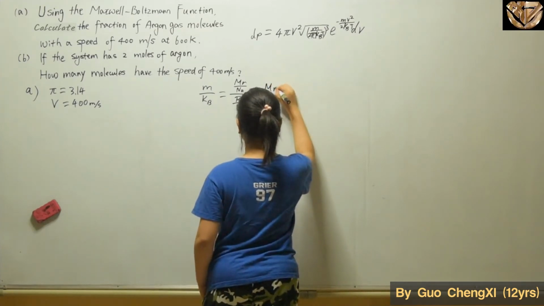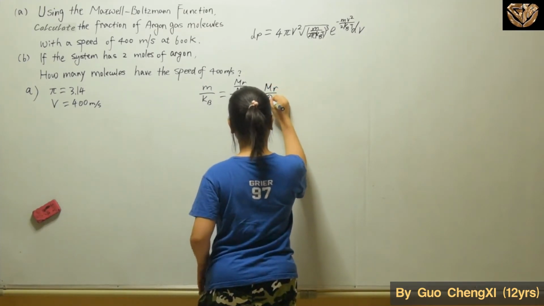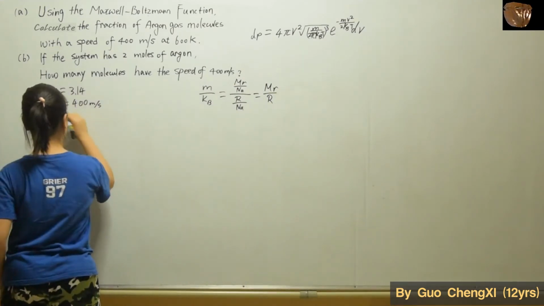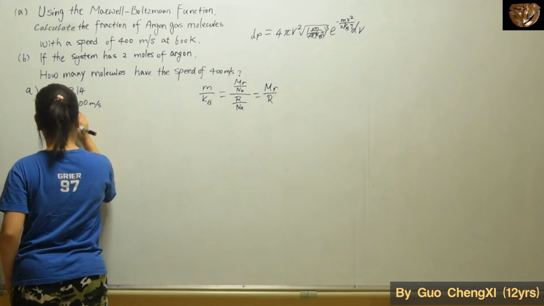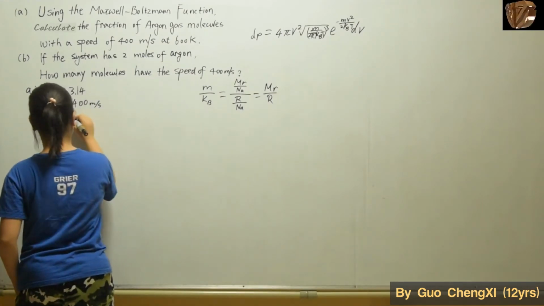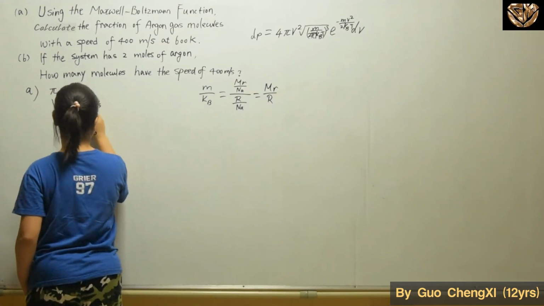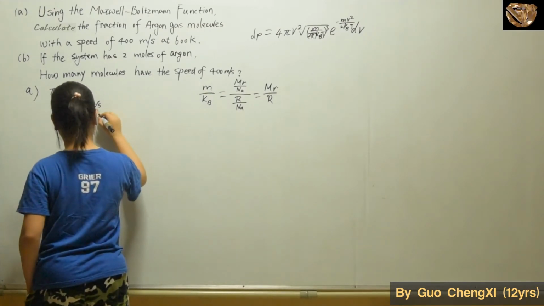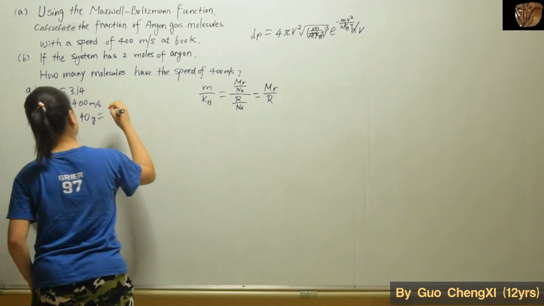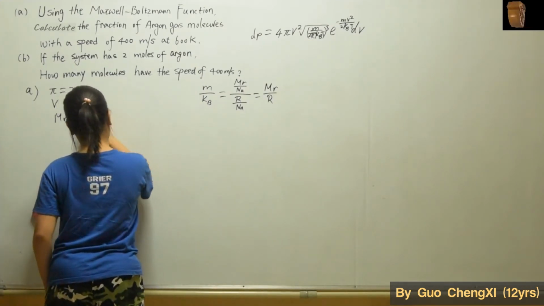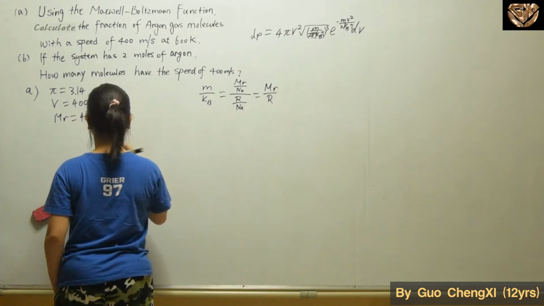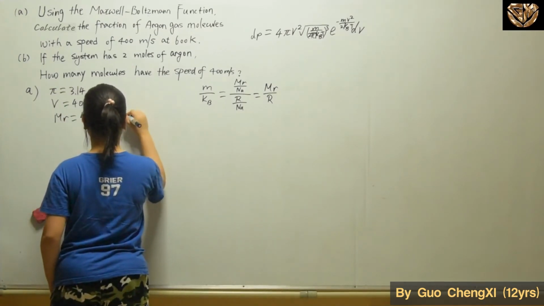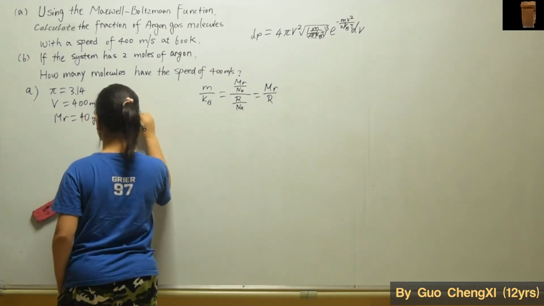Thus, it will just be the molar mass over the universal constant of ideal gas. So over here for this part, the molar mass of argon is 40 grams. But because over here while calculating, we need to do physical chemistry, so we have to use the SI unit, which is 0.04 kg.